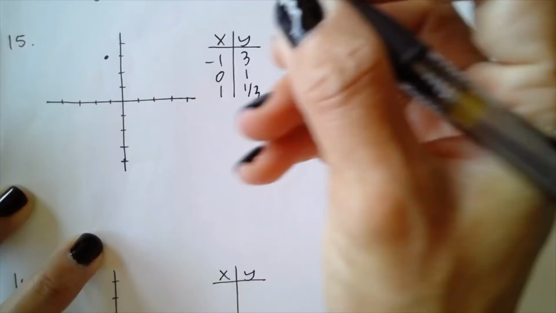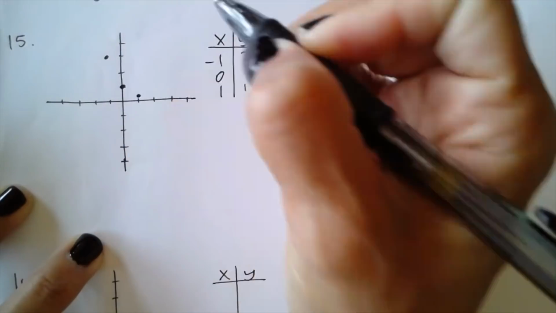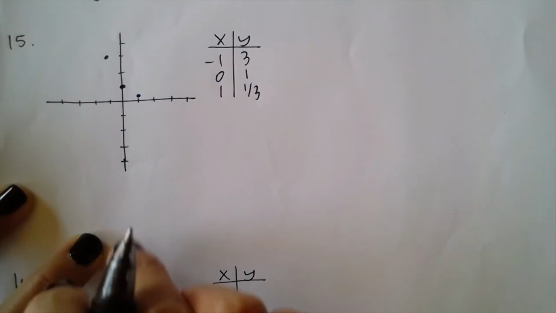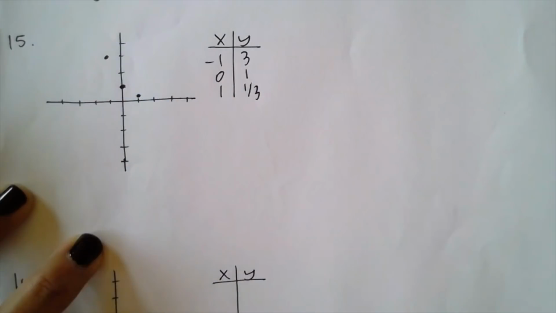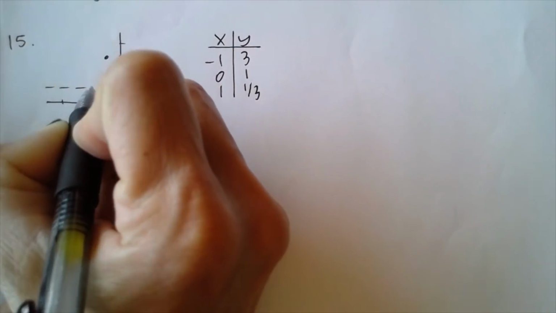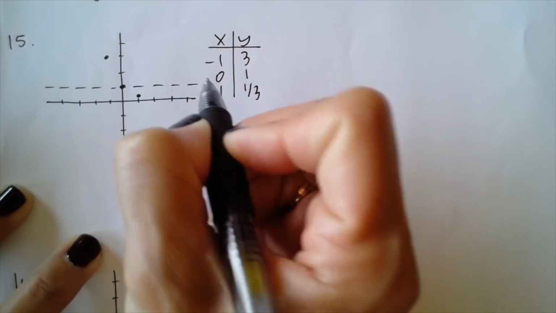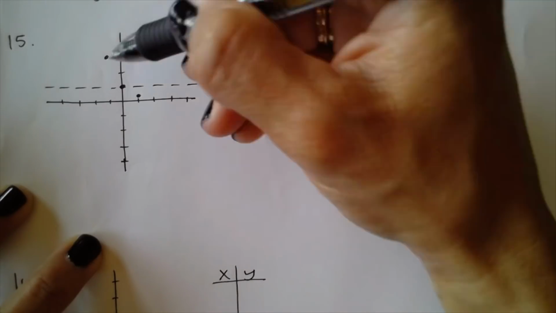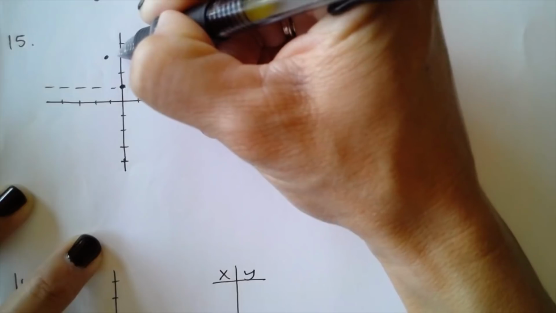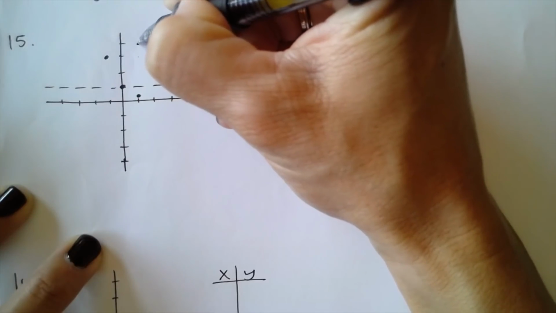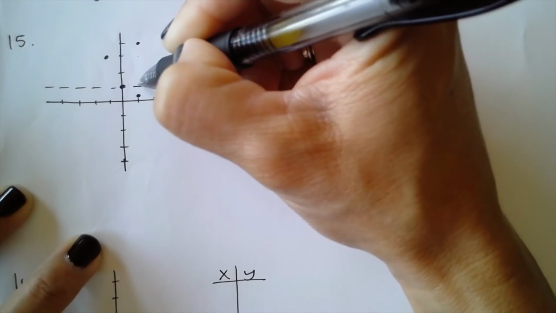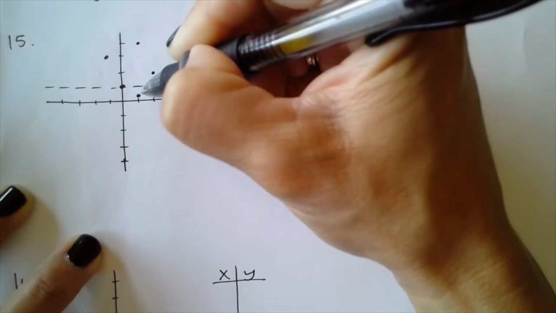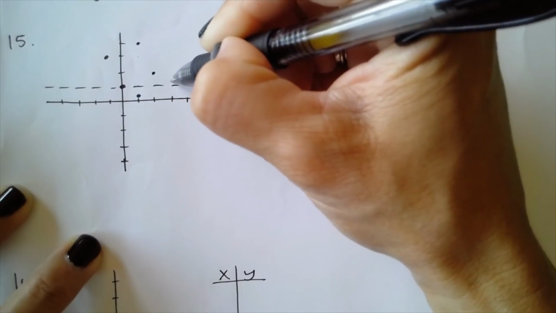So I'm going to plot those points. And we're going to move these points on the parent graph right 2 and up 1. So I'm going to put the horizontal asymptote up 1. And again, we're going to move these 3 points right 2 and up 1.